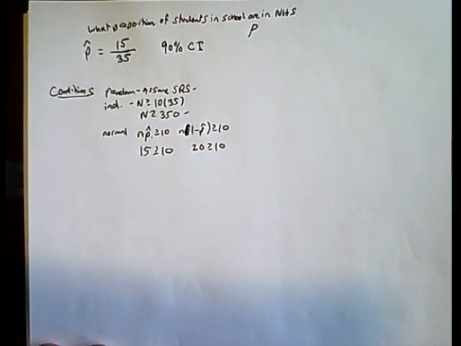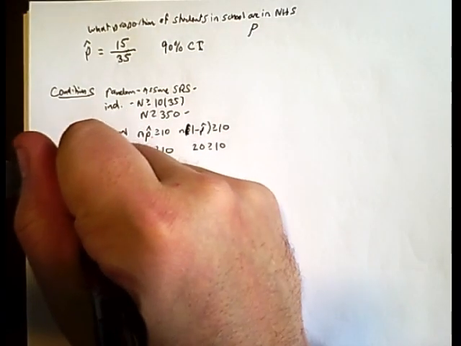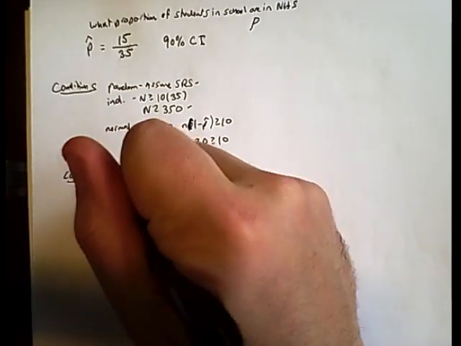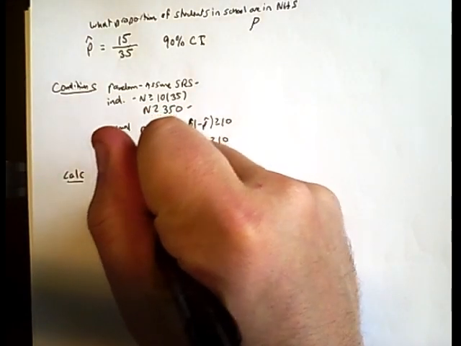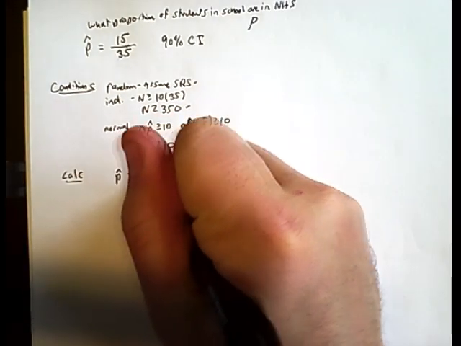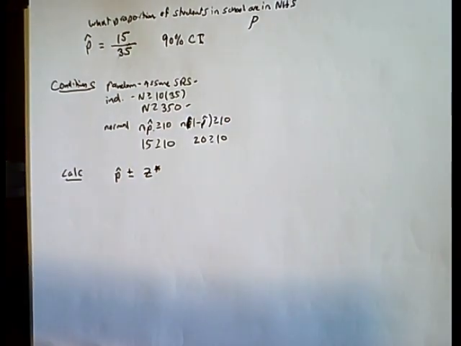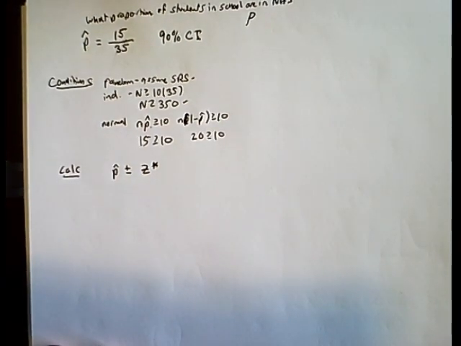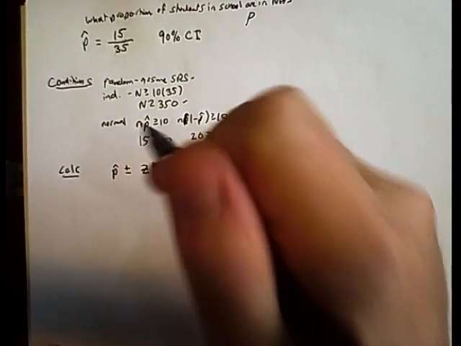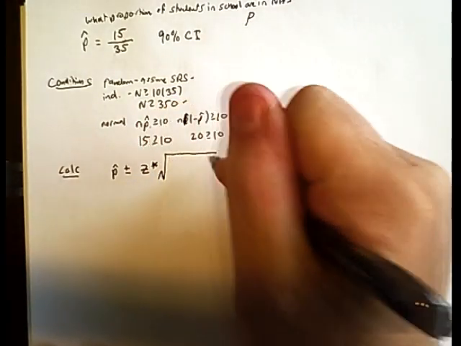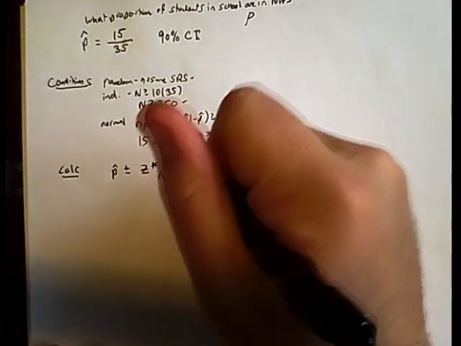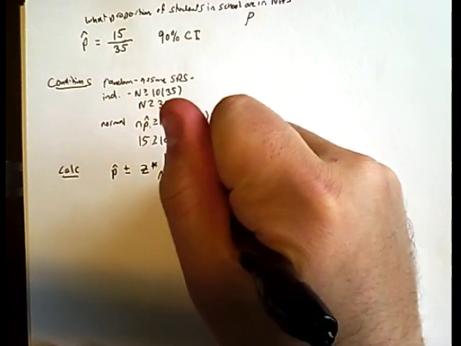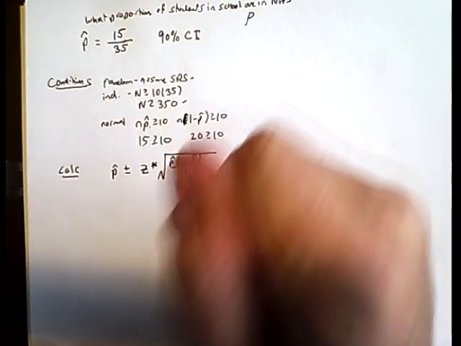So we're okay there. Now when we get to our calculations, we take p hat plus or minus a z star, because it's a proportions problem, times the standard error of that statistic, so that'll be the square root of p hat times 1 minus p hat all over n.